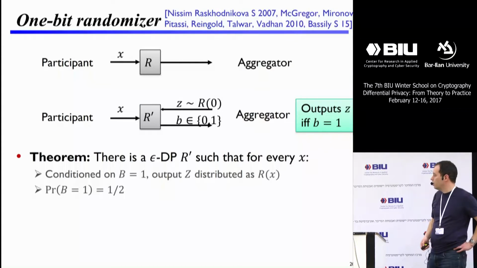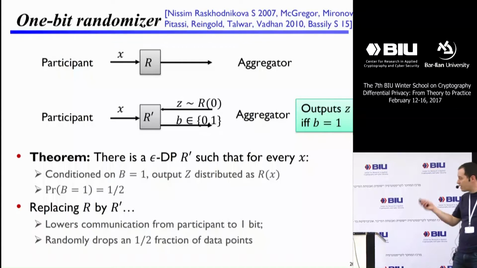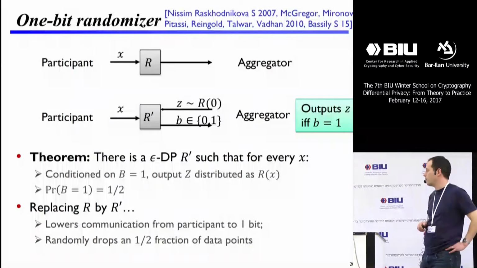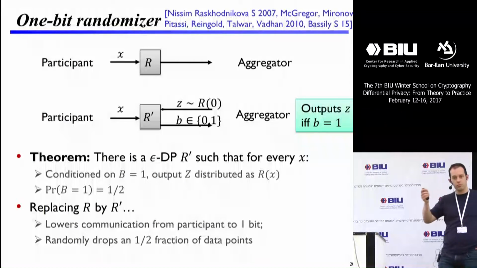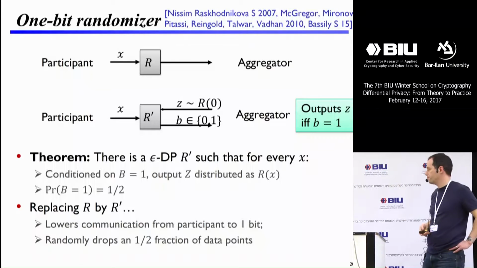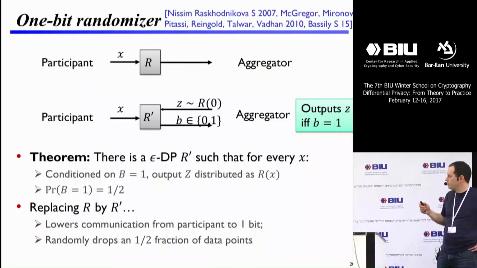Okay. So if we were to take a protocol that was based on the randomizer R and replace it with one based on the randomizer R prime, we would get a protocol that lowers the communication from the participant to the aggregator down to a single bit per randomization I want to do. Okay, so that's kind of fun, it lowers communication, at least in one direction.